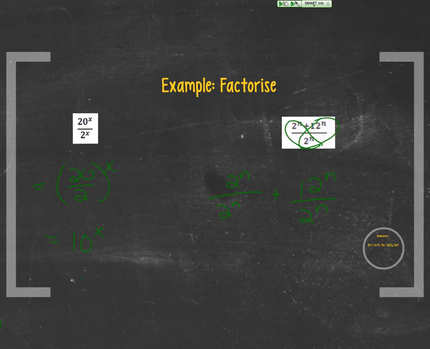Oh, yeah, just be one, sorry. So 2 to the n over 2 to the n equals 1. Here I can do the same thing I did here, so I've got 12 over 2 all to the n. And then 12 over 2 does simplify to 6. So I have 1 plus 6 to the n.